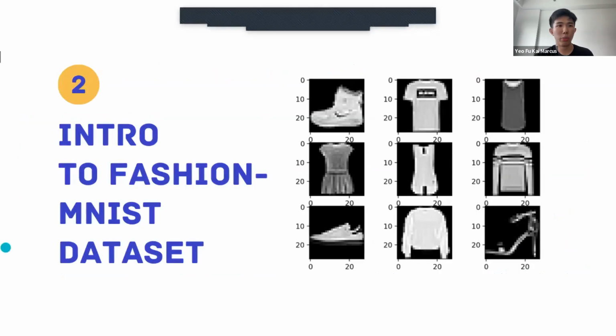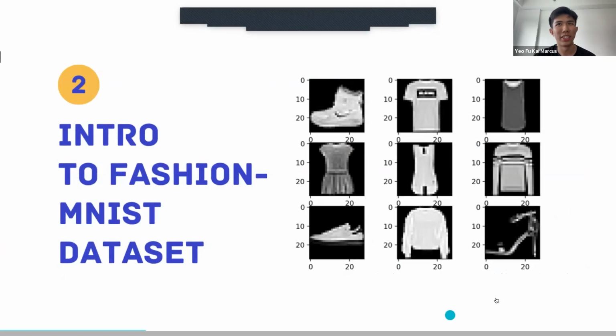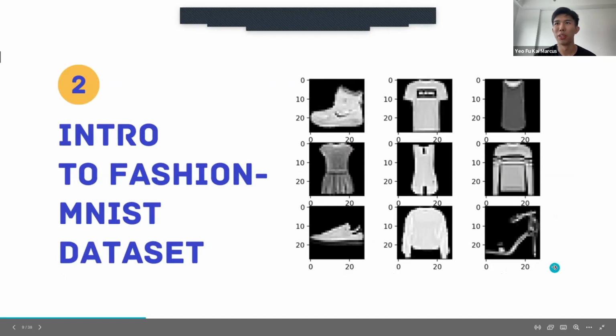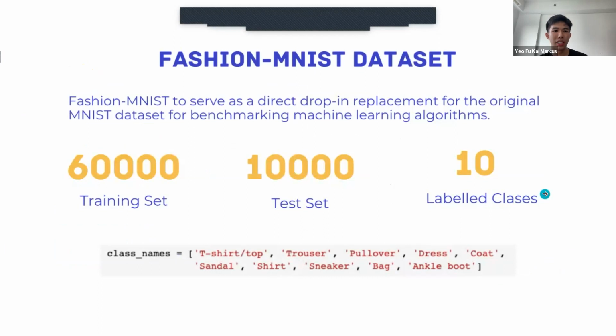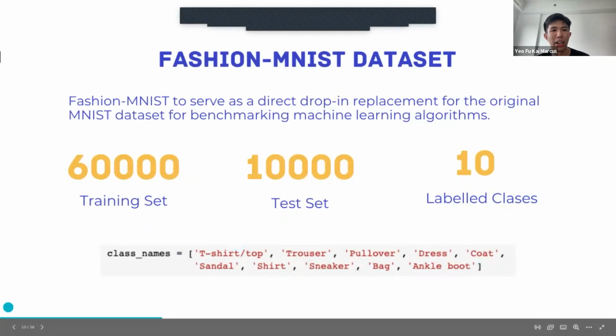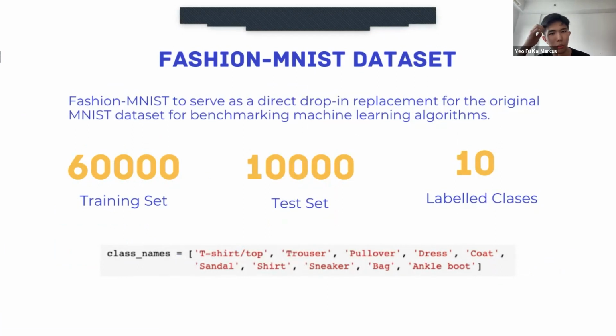So next up, we will be introducing to you the Fashion MNIST dataset, which we'll be using later on in our hands-on workshop. The Fashion MNIST dataset is a dataset by Zalando, which is an online retail company, and it consists of a total of 70,000 images.